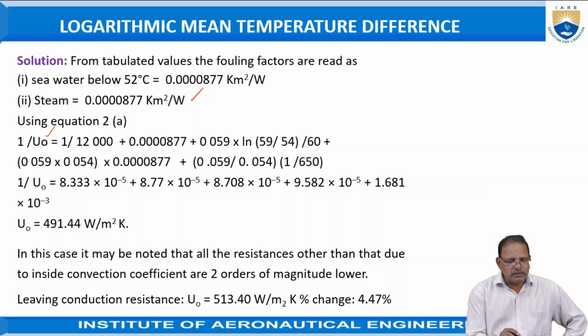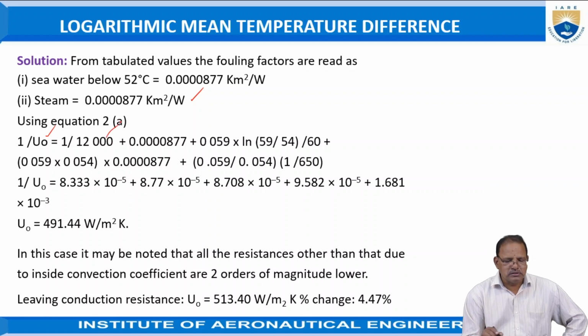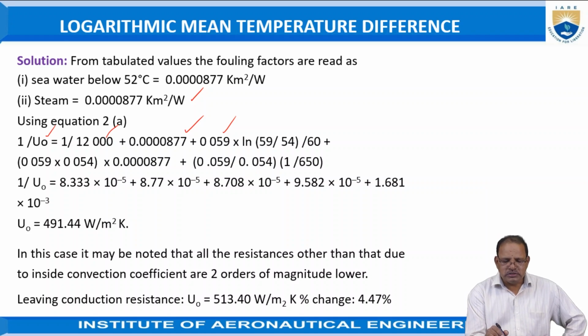So from this relationship we get 1 by 12,000, plus 0.0000877, plus 0.059 into log of 59 divided by 54 divided by 60, plus 0.059 into 0.04 multiplied by fouling factor 0.0000877, plus 0.059 divided by 0.054 into 1 by 650.